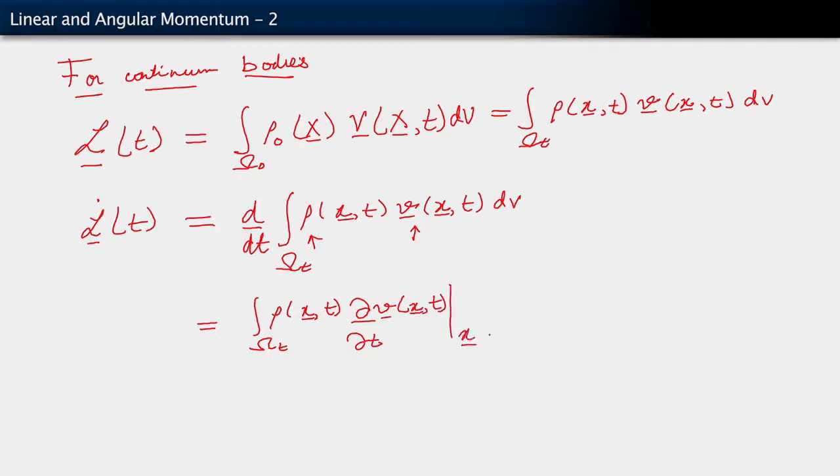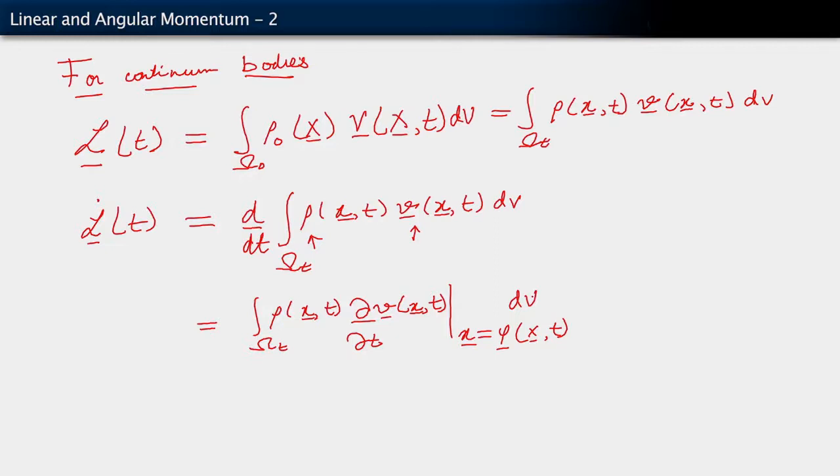Remembering now that x is got from the motion. And this derivative that I've written out there is not just the simple partial time derivative, it is actually the material time derivative, which we defined some time ago.